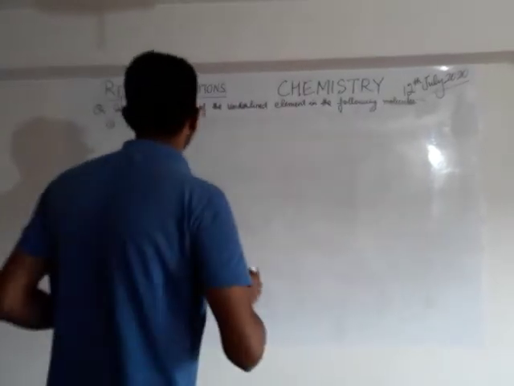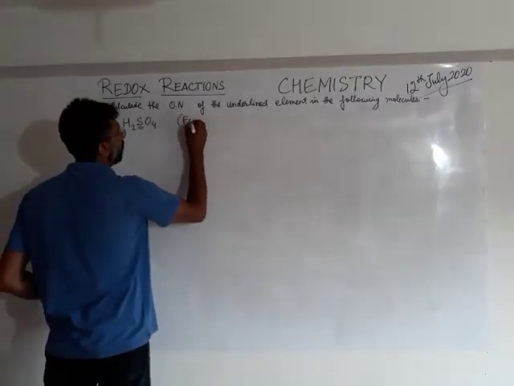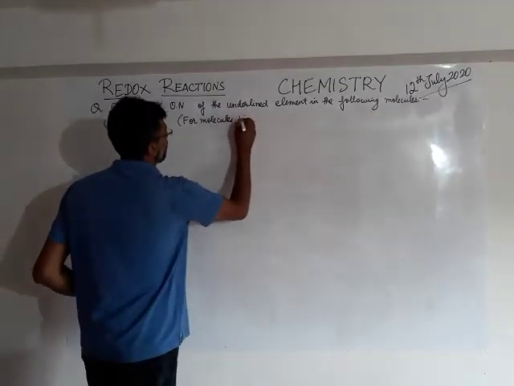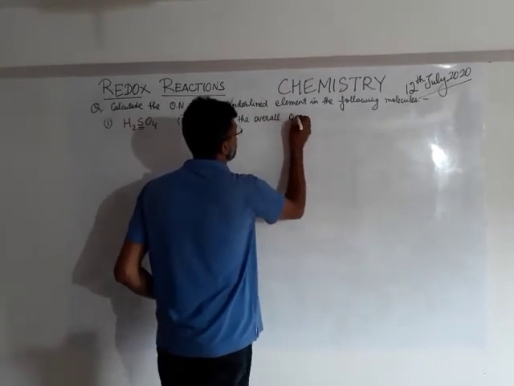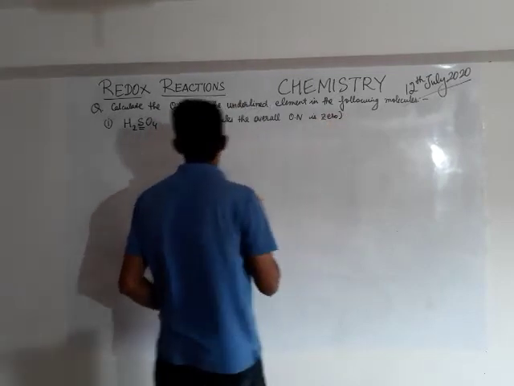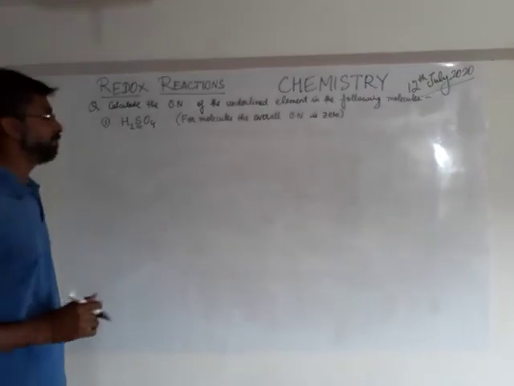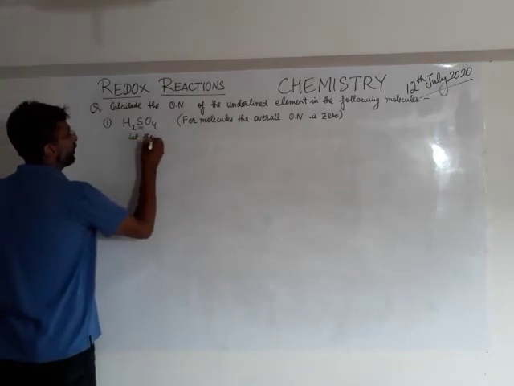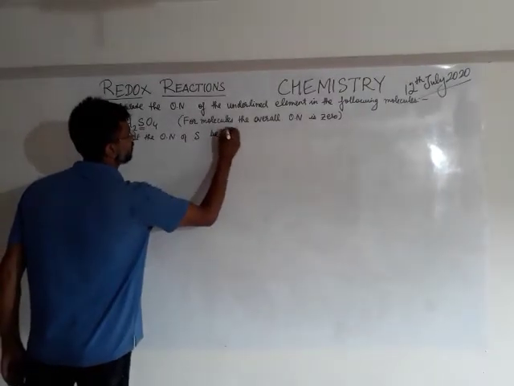Sulfuric acid is a molecule, and please keep in mind, for molecules the overall oxidation number is 0. It is 0 because it is not carrying any overall charge. Now, how to do this sum? Again, like the previous method I have taught you, let the oxidation number of sulfur be X. Let it be X.